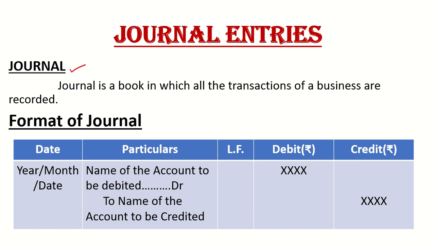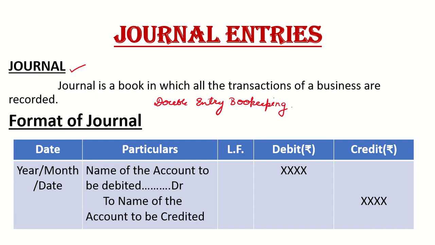Okay, so these journal entries follow double entry bookkeeping. That is, every transaction is recorded in at least two accounts. Okay, so while one is debited and another is credited.